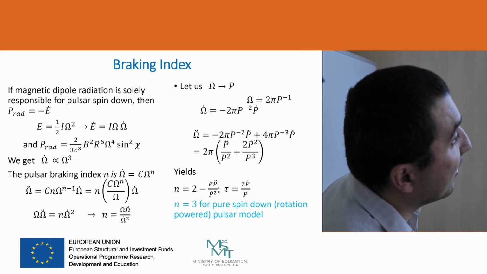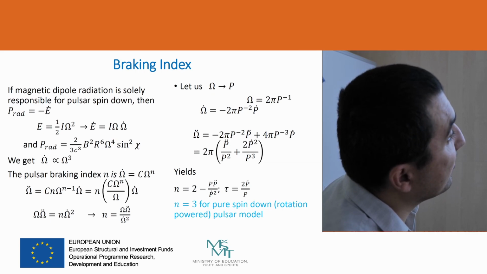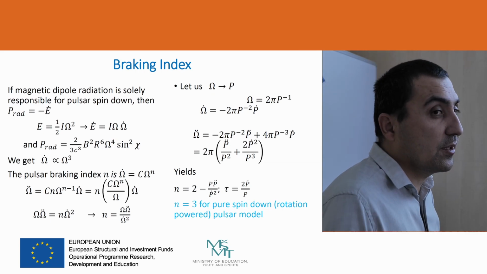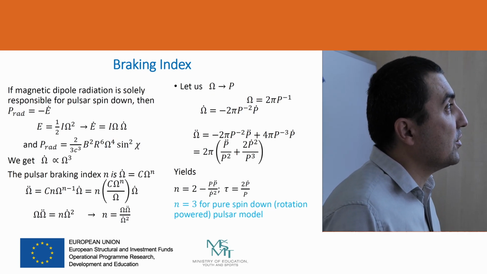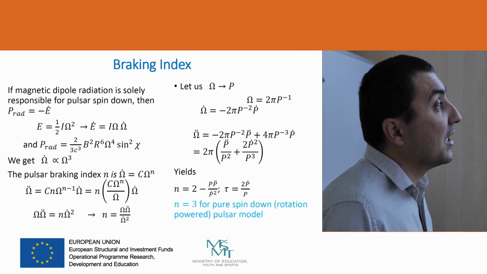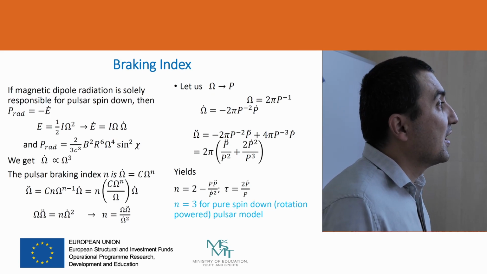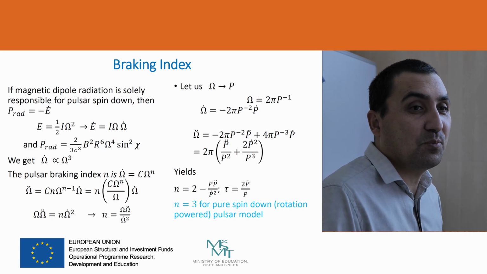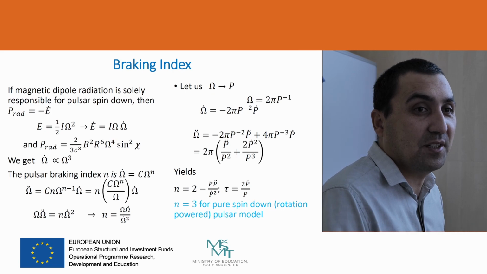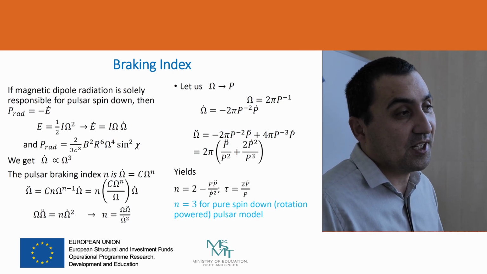For rotation-powered pulsars we can see that it is 3. But how about observations? In observations it can be less than 3. If it is less than 3, we can say it is not purely a rotation-powered pulsar. There can be another mechanism to provide radiation.